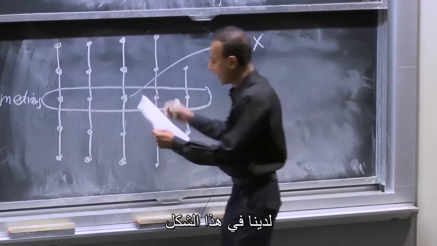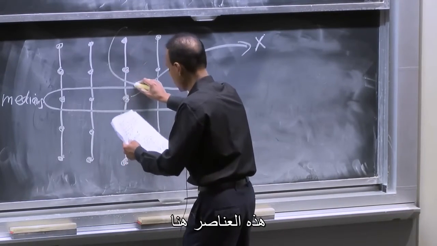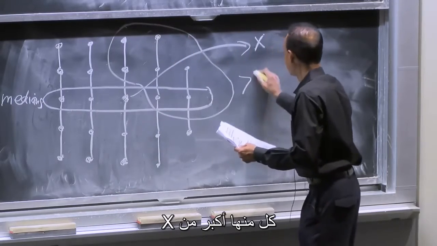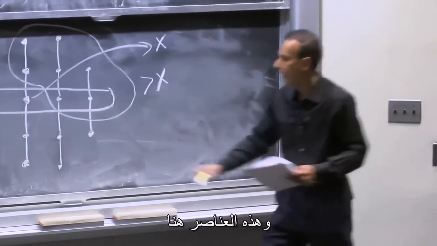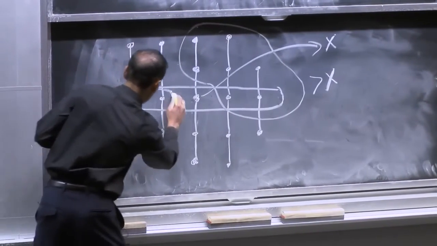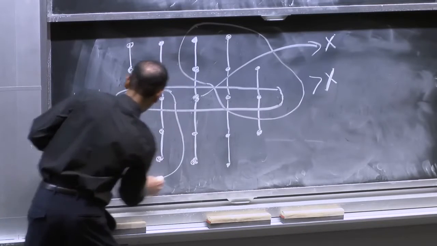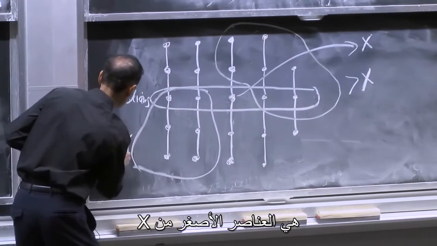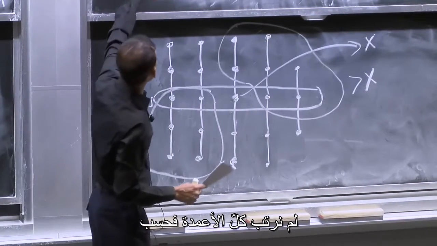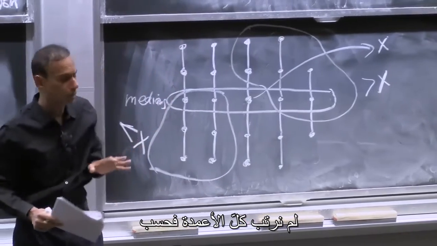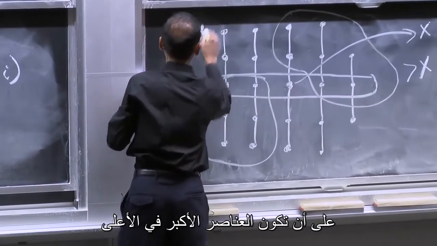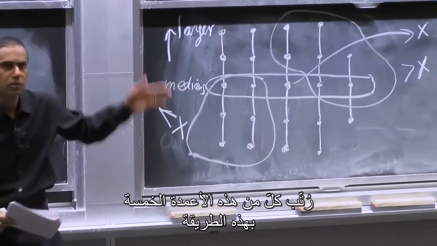Okay? So what I have here in this picture is that these elements here are going to be greater than x. And these elements here are going to be less than x, right? So let me be clear. What's happened here is we've not only sorted all of the columns such that you have larger elements up here. Each of these 5 columns has been sorted that way.